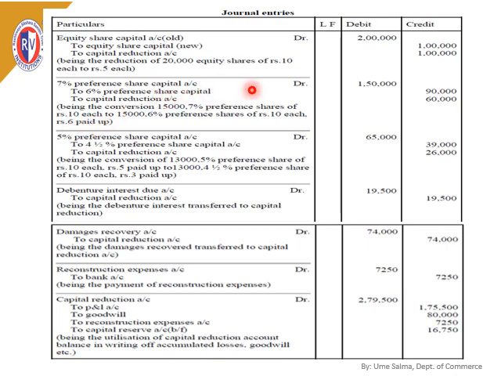If you multiply the number of preference shares by the 6 paid up, it comes to 90,000. So the old preference share capital is 1,50,000 and the new, reduced and agreed upon, is 90,000. If you subtract, you get the balance figure of 60,000, which is to be directly transferred to the capital reduction account. We have shown a credit entry to capital reduction account of 60,000.